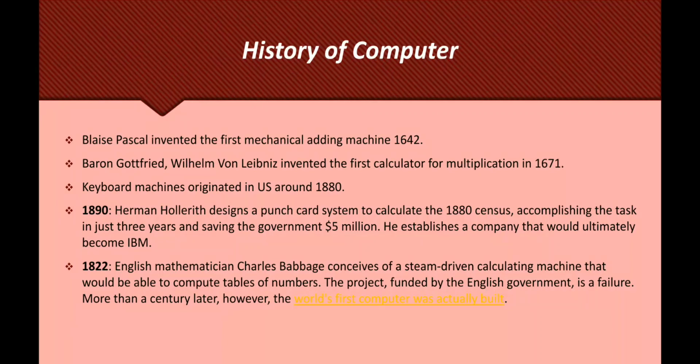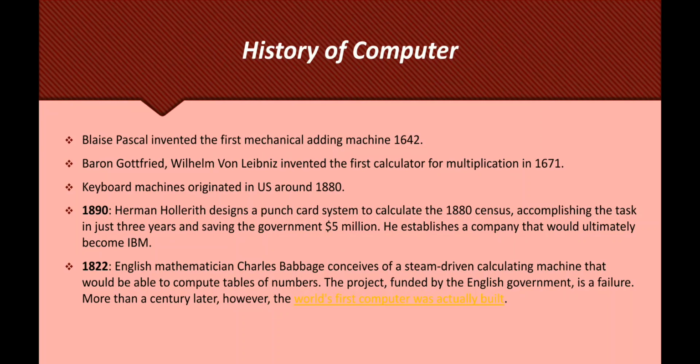What he did actually was develop a punch card by which he saved around $5 million of government money. Okay, and he established a company that would ultimately become IBM, which we now know as International Business Machines, right? So it was done by that person.